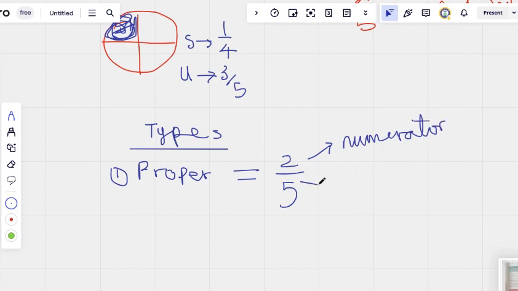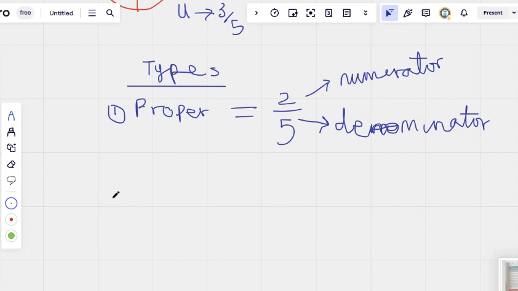The bottom part is called the denominator. When the bottom part is bigger, it's a proper fraction. When the bottom part is smaller, then it's an improper fraction. So that's the first type of fraction.